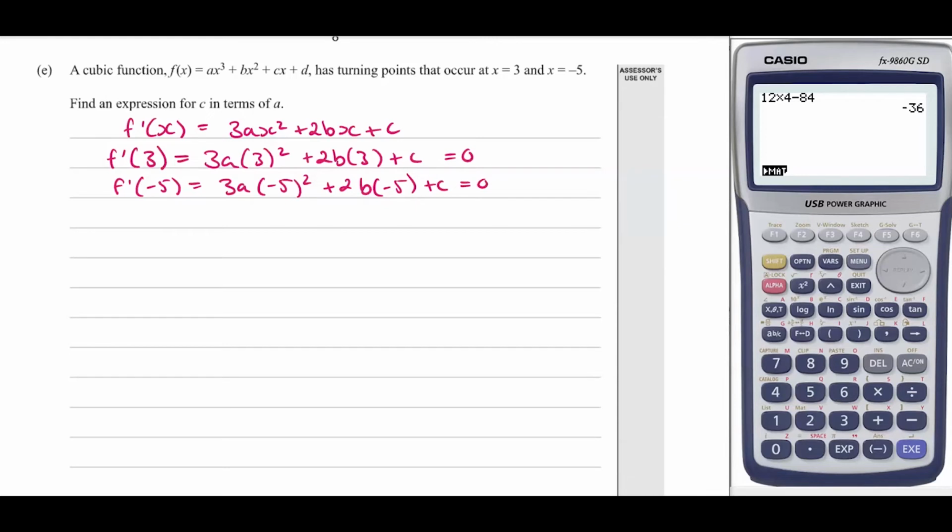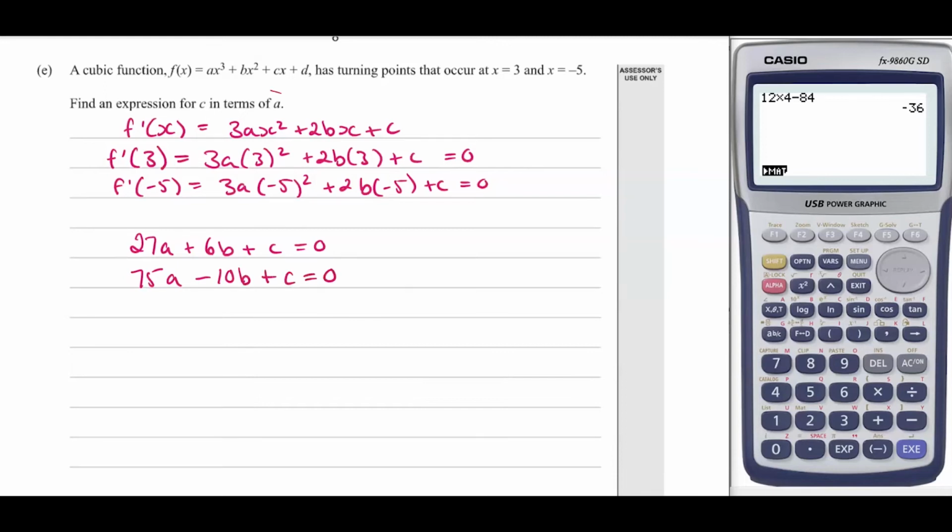So tidying up that first one, the f dash of 3, we will get 27a plus 6b plus c is 0. And then the f dash of minus 5, if we tidy that up, we've got 75a minus 10b plus c is 0.